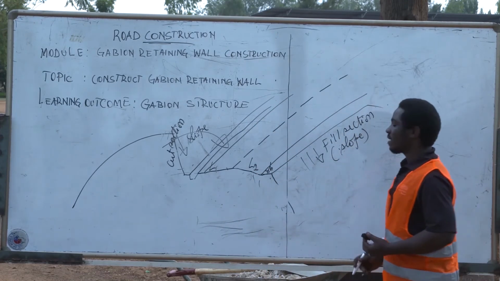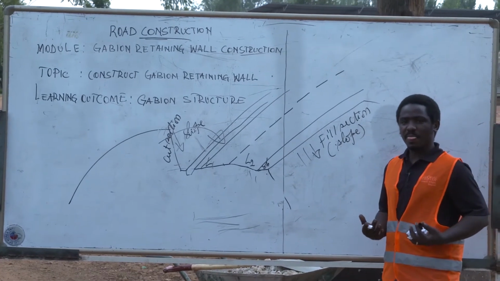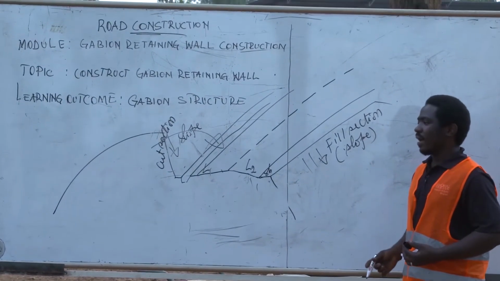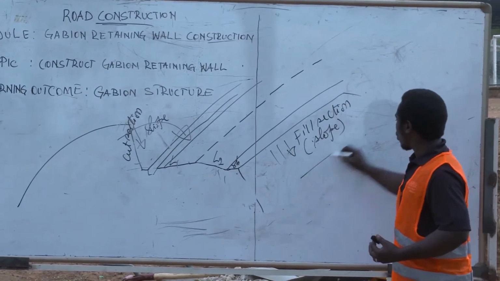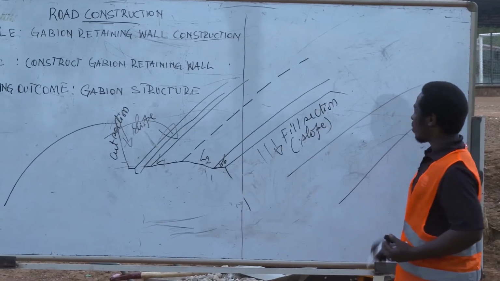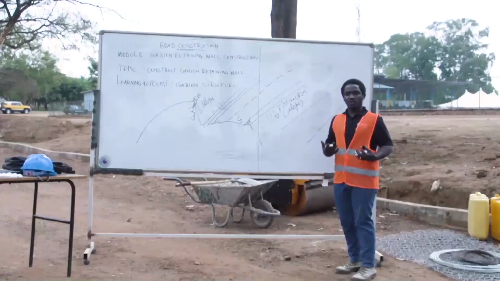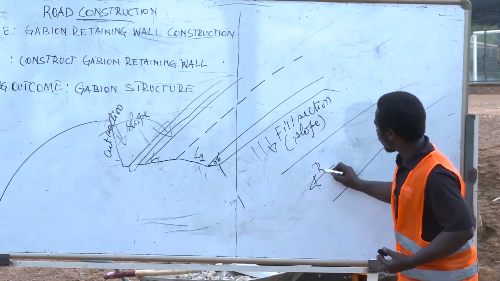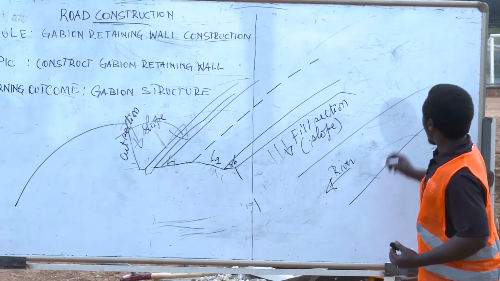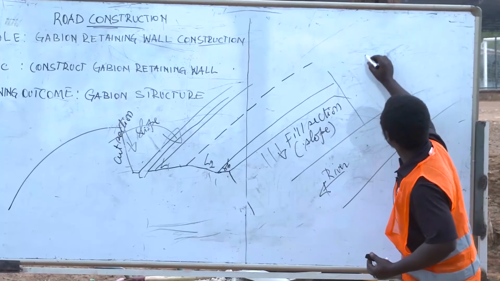Case number 2, it is when we are building a bridge. If we are building a bridge and we find where we are building the bridge, the shores of the river are not strong or are not able to support the abutment. Let's say this is our river, and we are having a road which is passing across.